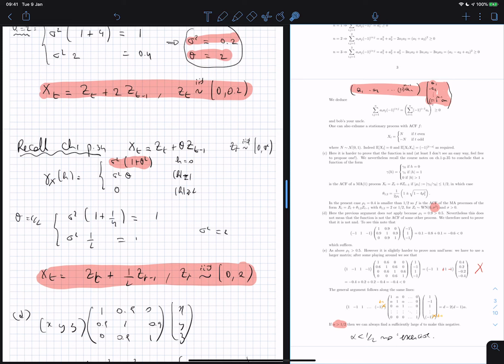There must be. So if theta is 1/2, then I have a solution here.